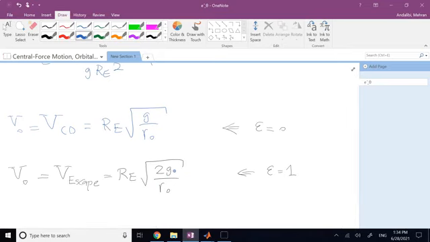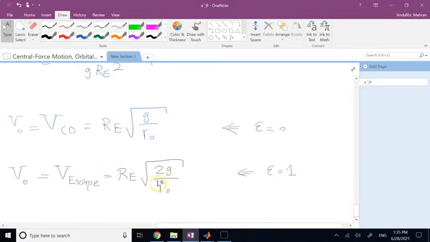It does depend on the value of R naught, and depending on what altitude you launch, then you will get a value for the escape velocity. So it depends on where you are launching. It definitely depends on R naught.